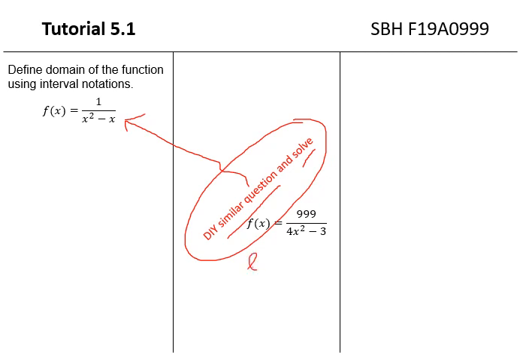This is an example, and then you solve it here at the second column. Okay, take some time to do that. You can create quite a similar, very close question so that it's easy for you to solve. Or if you want to challenge yourself, you can DIY a difficult question, no problem.